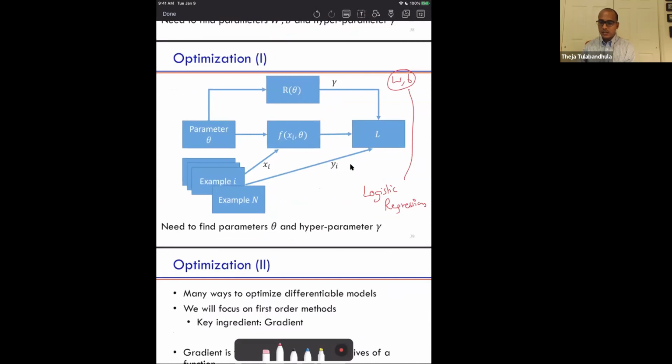We can talk more about why this particular definition of F gives rise to a multi-class logistic regression model, but we'll do that a bit later. If instead of W, B I represent it as a generic parameter theta, not every model is a logistic regression model with a linear functional form. So I'm just changing the notation to a general form in this slide.